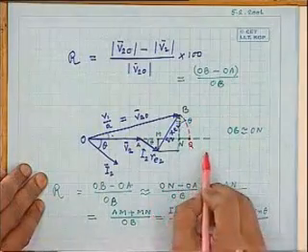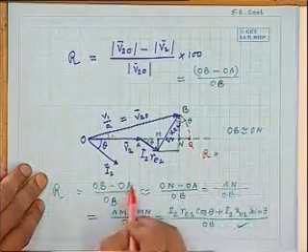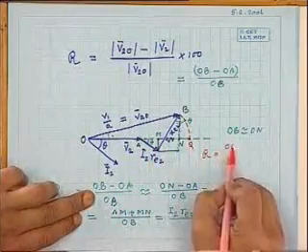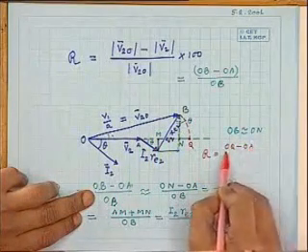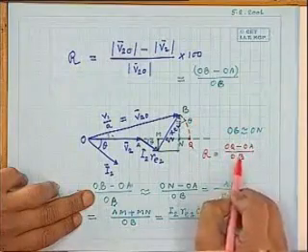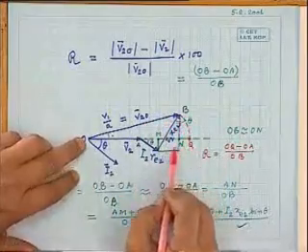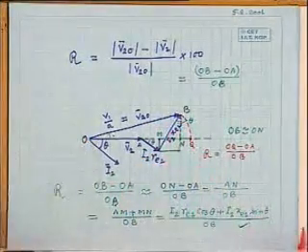Call this point Q. Okay. Then calculate regulation, that is OB minus OA by OB. So for OB I write OQ minus OA by OB. This is no approximation. OB equal to OQ.